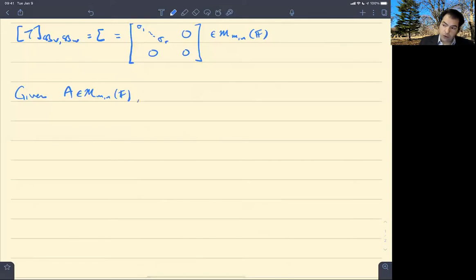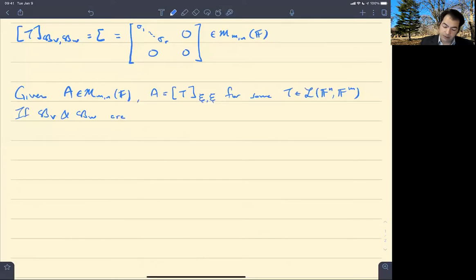So, you could, for example, think of A as being the matrix associated to T with respect to the standard bases for some linear map T between Fn and Fm. So now that we have a linear map, we can do what we did last time to find orthonormal bases associated to T as above.